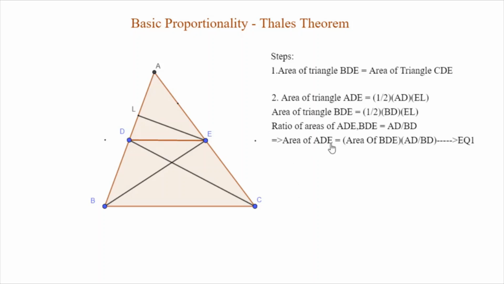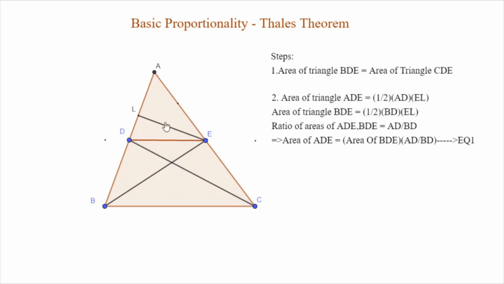Now let us repeat the process we did in step 2, but this time with triangles ADE and CDE. Earlier we did it for ADE and BDE. Now we will do the same for ADE and CDE. But this time we will take bases AE and EC for the respective triangles.